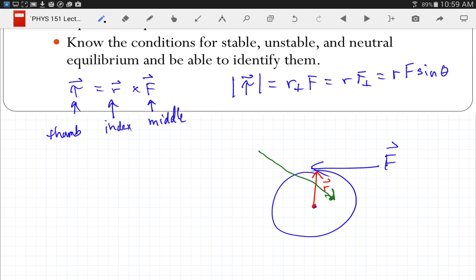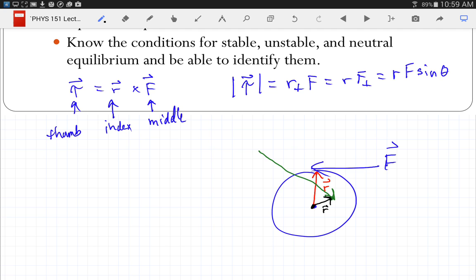Okay, where am I finding the torque about? Yeah, where am I finding the torque about? And so let's assume it's the center of the wheel again. And so then where's my R vector form or point if I'm going from the center of the wheel? From the center of the wheel to where the force acts. So there's my R vector.